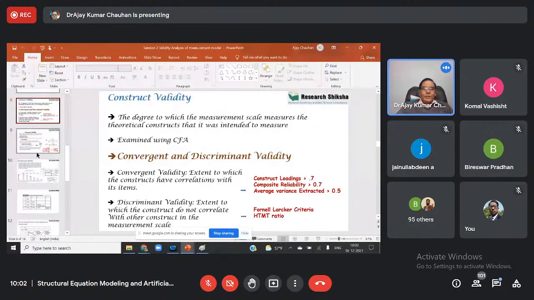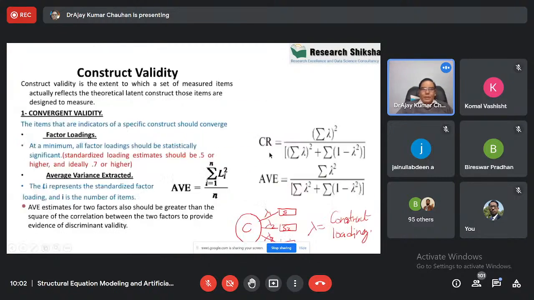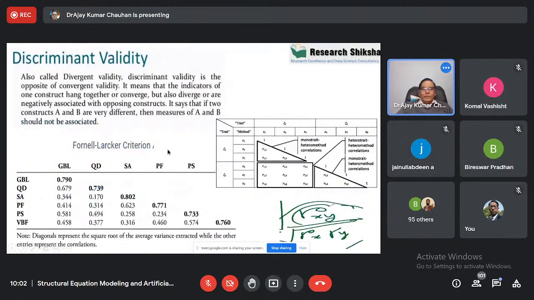So whatever I explained to you, I'm just showing you with the help of the slides. And after that, I will move to the next level. I told you construct validity has convergent and discriminant. Convergent validity is measured by the composite reliability and AVE with the help of the lambda. And discriminant validity is measured by Fornell-Larcker criteria.